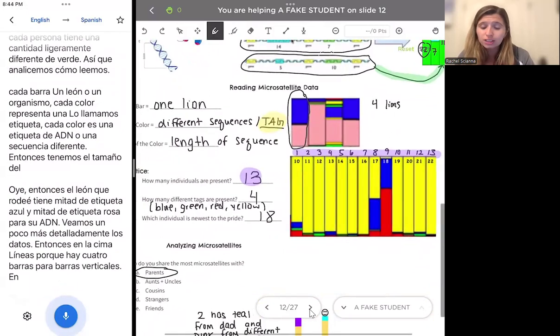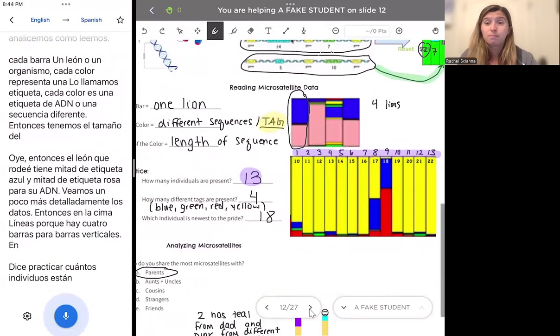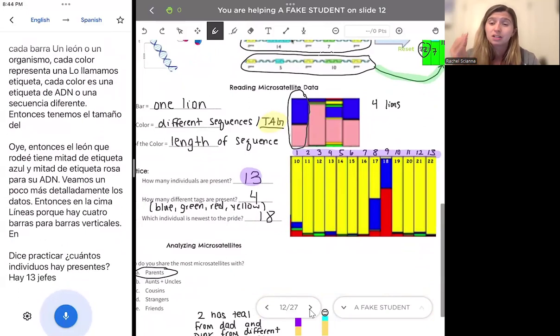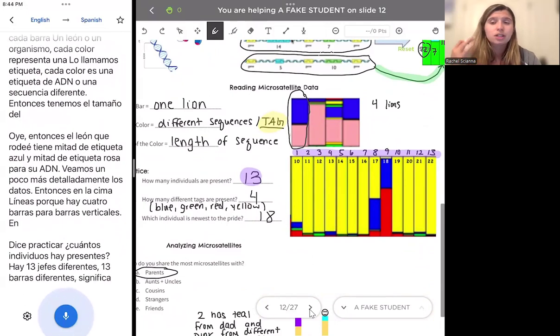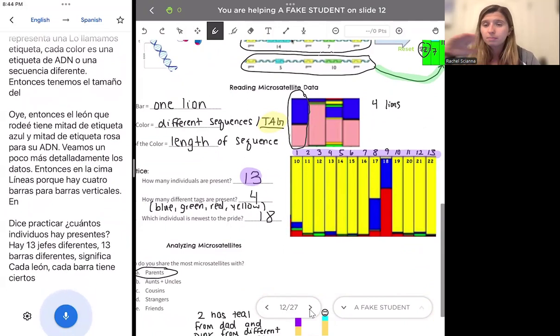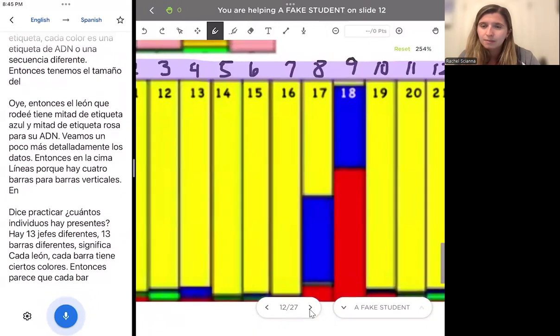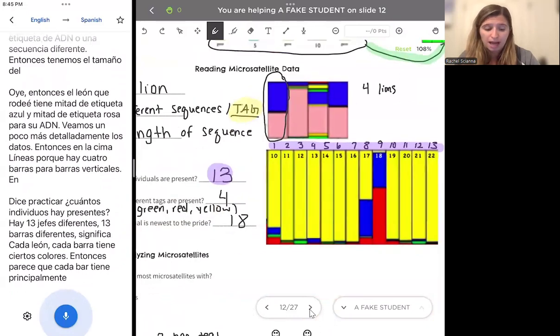There are 13 different bars. 13 different bars means 13 individuals or 13 lions. Each bar has certain colors. So it looks like every bar has mostly yellow, except bar number 18 has more red and blue.